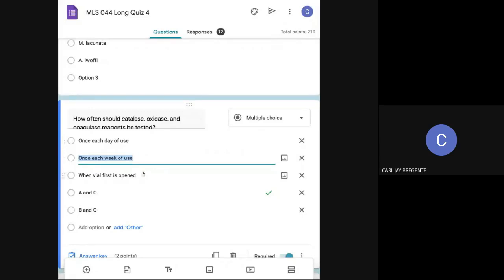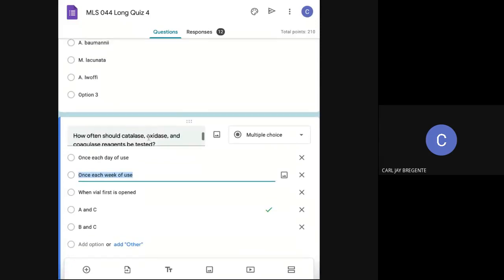You perform the catalase, oxidase, and coagulase reagent control tests before doing your actual testing, before you start your shift as quality control, and also when you open the first vial. This is a common question in the board exam under laboratory management.